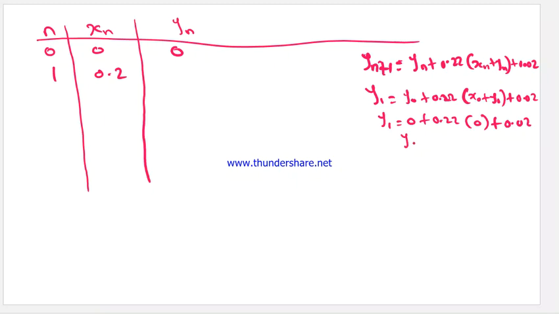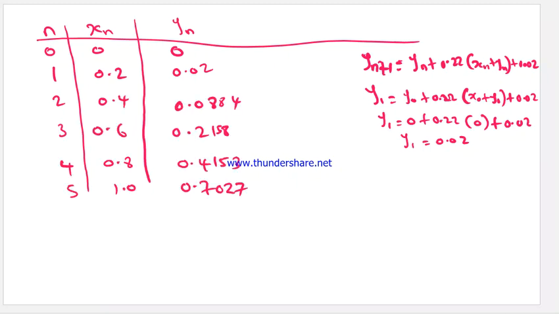And that gives our y1 equals what? 0.02. So here will be 0.02. So the next step, when x is equal to 0.4, we are going to have the following. So those are the remaining values of y as we follow the procedures.